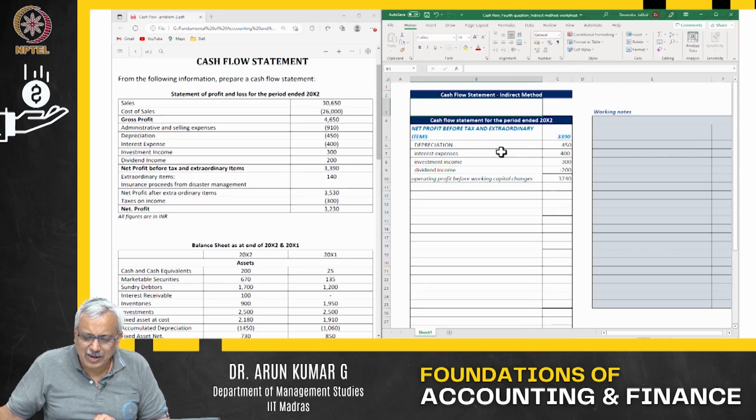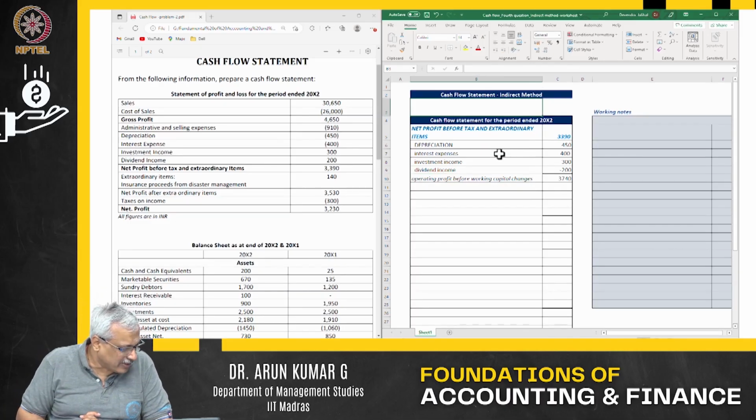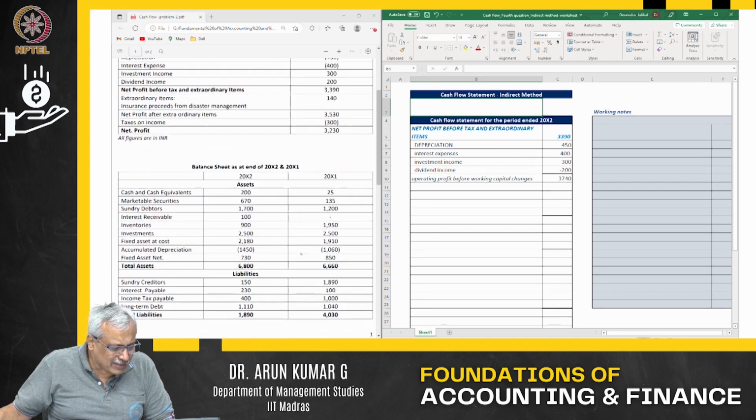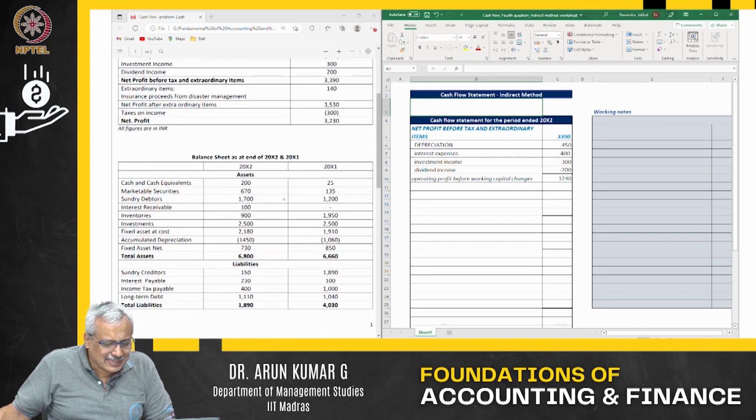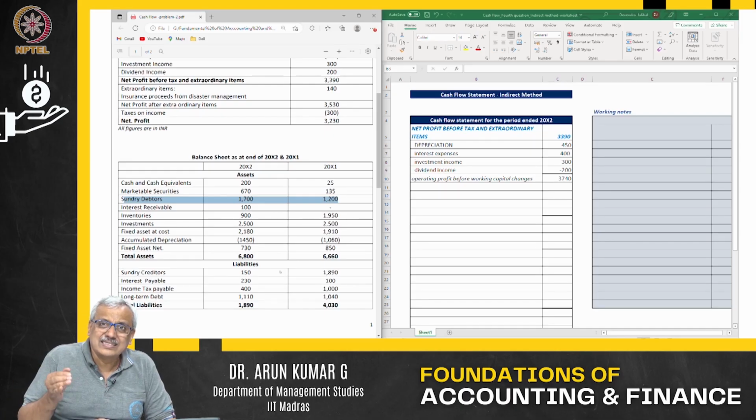What do you mean by working capital? The changes in the current assets and current liabilities. That is what we are going to see. Going back to the indirect method, there is an increase in sundry debtors by $500. That means you would not have received $500 out of the sale.